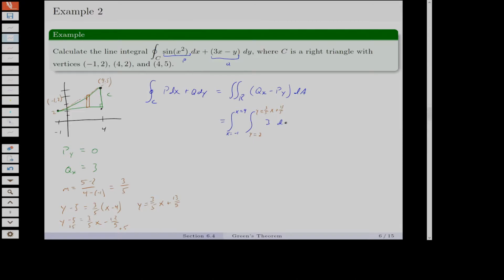So I'm integrating dy dx. Okay. So this one I cannot split up into separate integrals multiplied like I did last time because they're interconnected here. So I integrate dy and I get 3y.